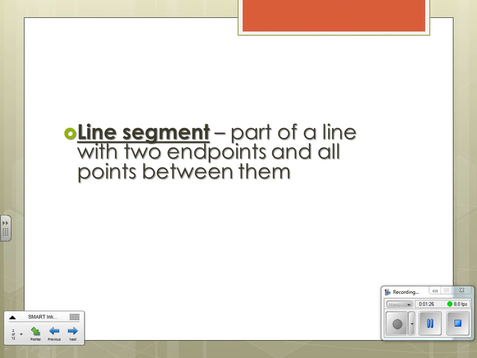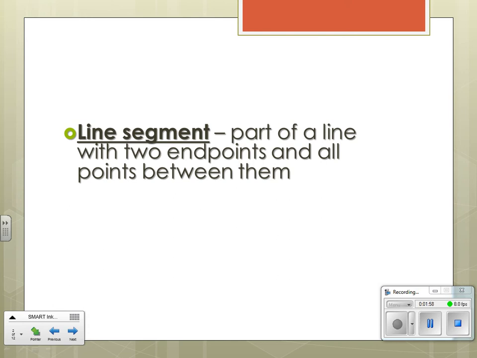Part of the line, 2 endpoints, and all the points in between those. So that's what a line segment is.